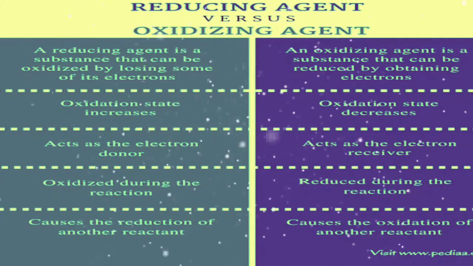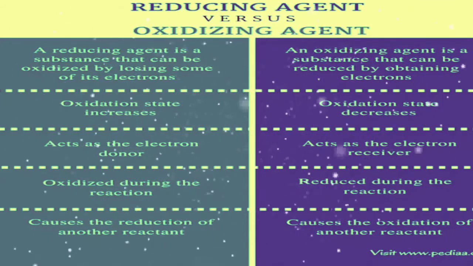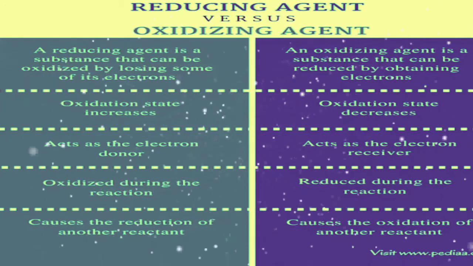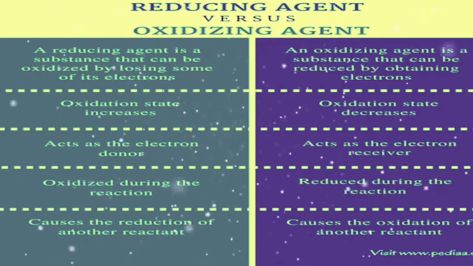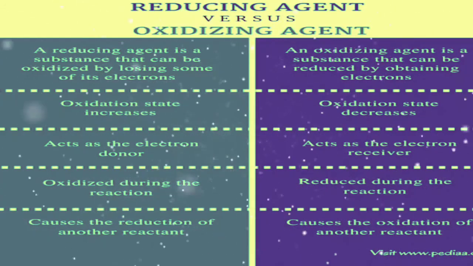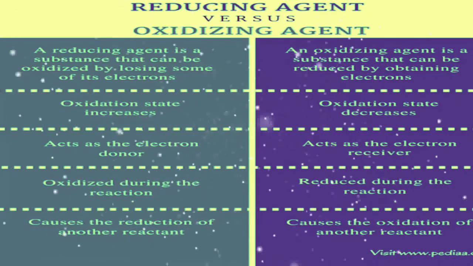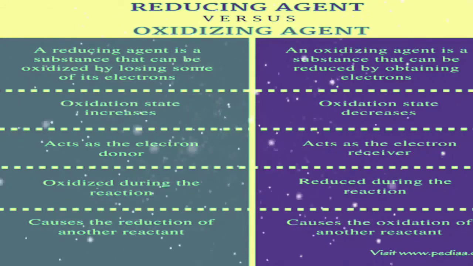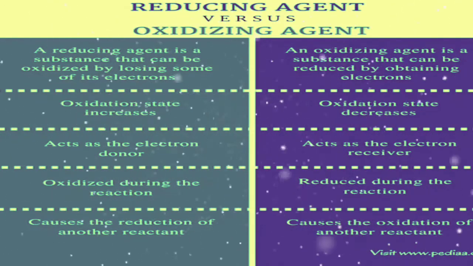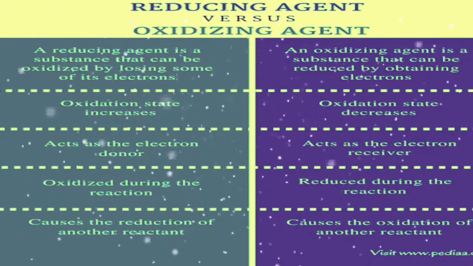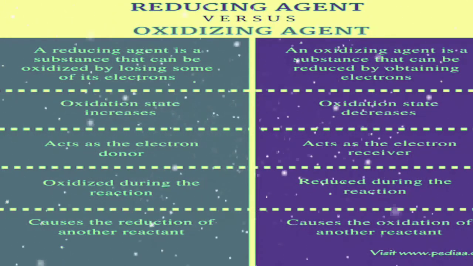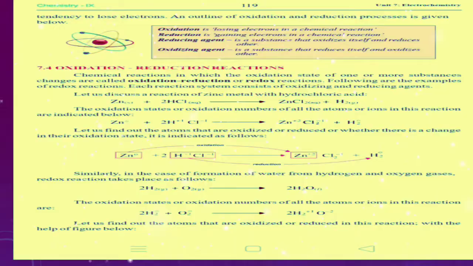So next we move to the difference between oxidizing and reducing agents. A reducing agent is a substance that can be oxidized by losing some of its electrons. An oxidizing agent is a substance that can be reduced by obtaining electrons.